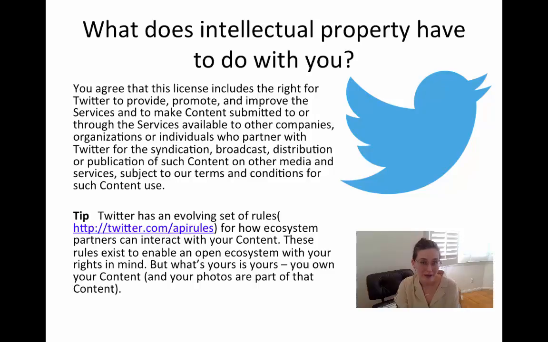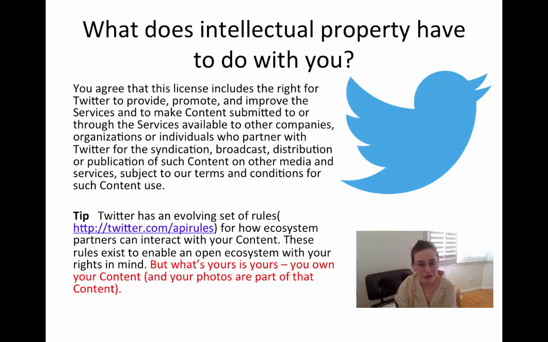And this is where the legal jargon is translated in some sense for the audience. This is the pattern for the entire agreement, right? There are these sections and then followed by a tip. So here it's broken down into a very simple phrase. What's yours is yours. You own your content and your photos are part of that content.